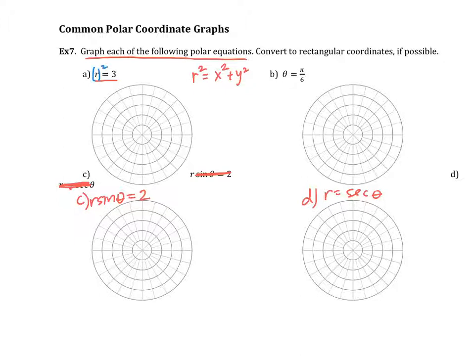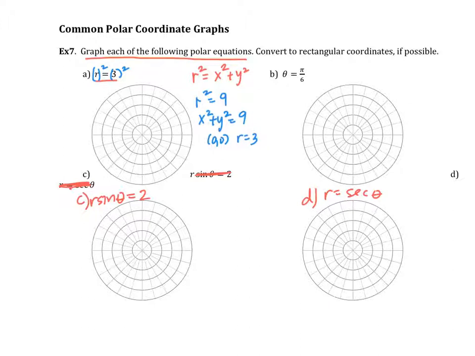So if you square both sides, then we get r squared equal to 9. Well, if you change r squared into x squared plus y squared, then suddenly you see that we have a circle with a center of 0, 0, and a radius of 3.